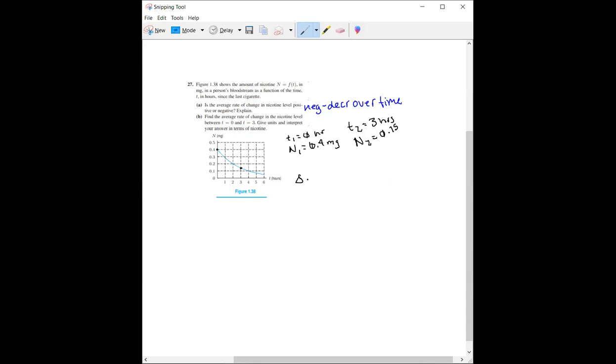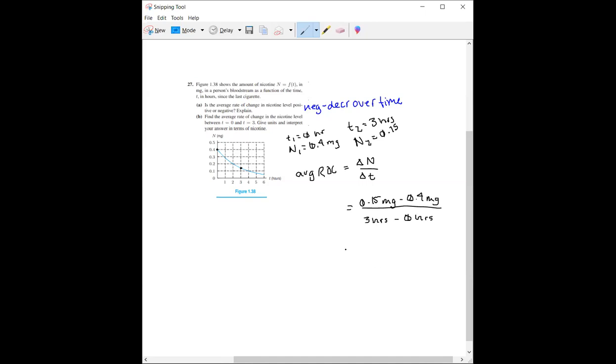Next, we go ahead and specify that we're looking for an average rate of change, or delta N over delta T. So we're going to be looking at 0.15 mgs minus 0.4 mgs over 3 hours minus 0 hours.